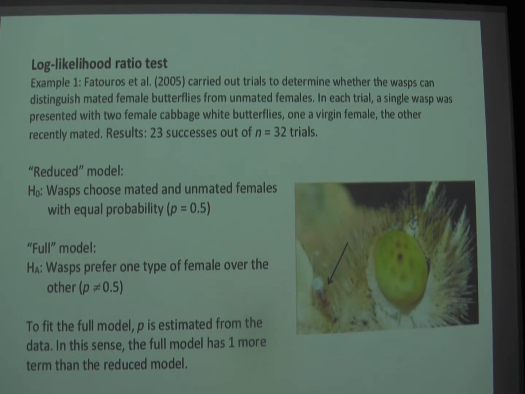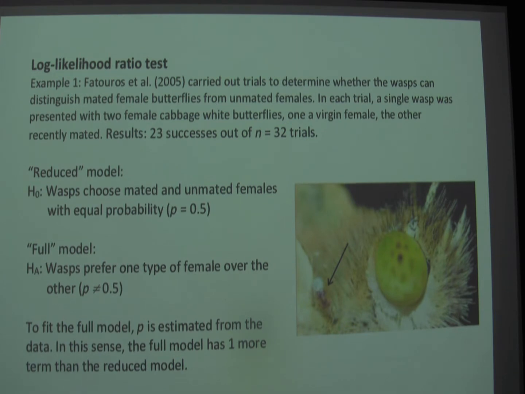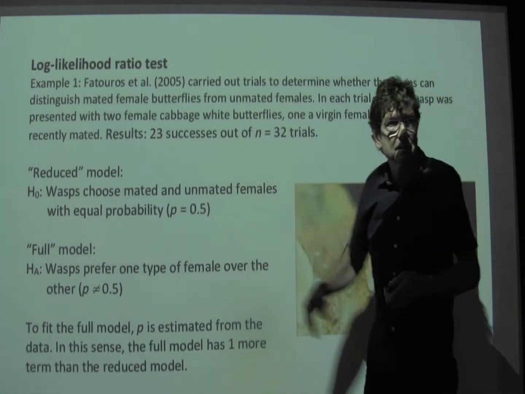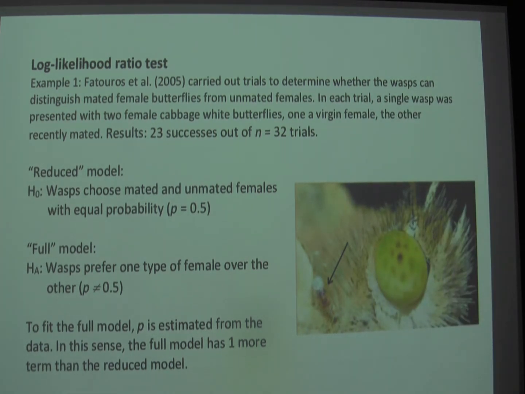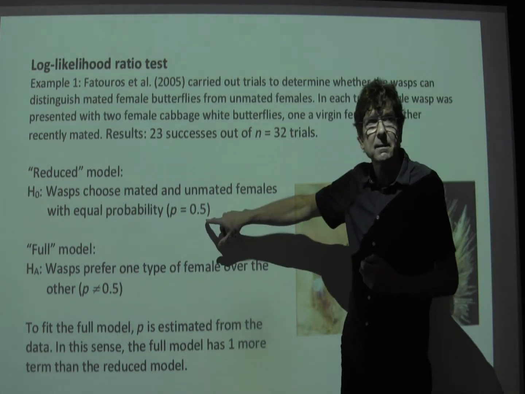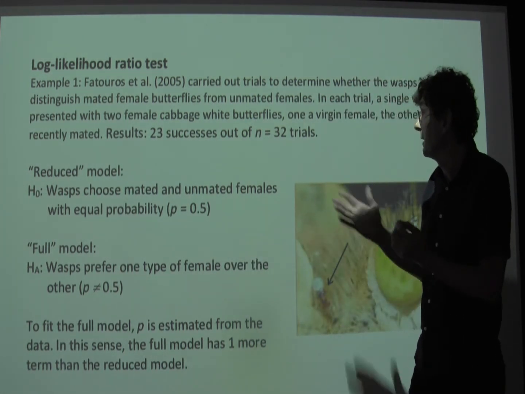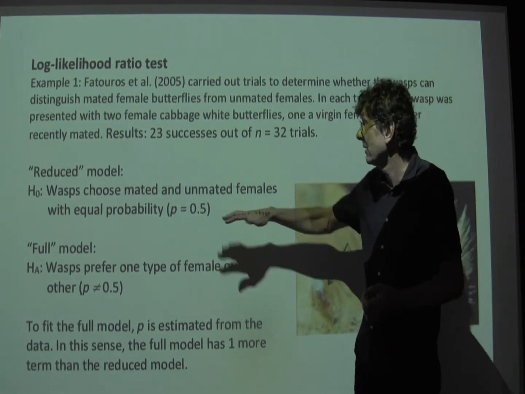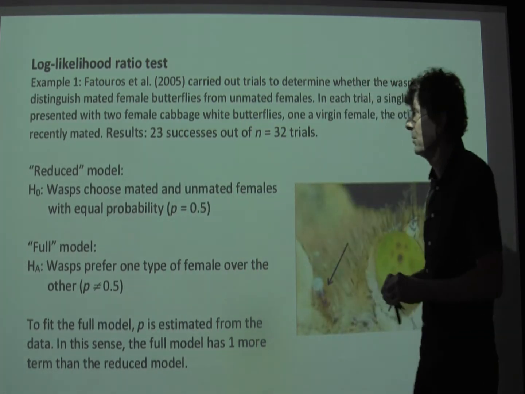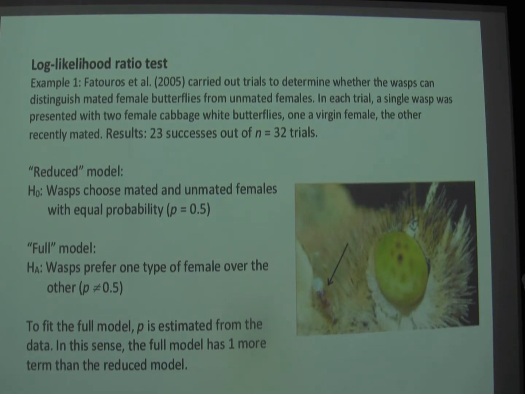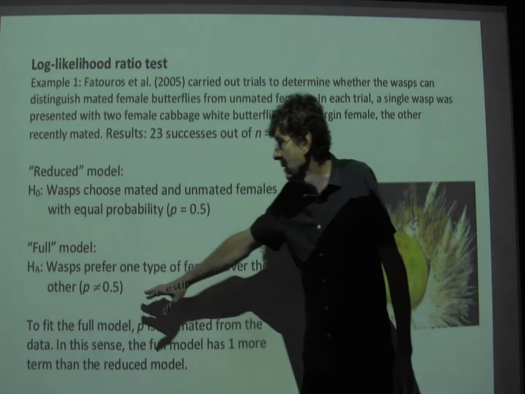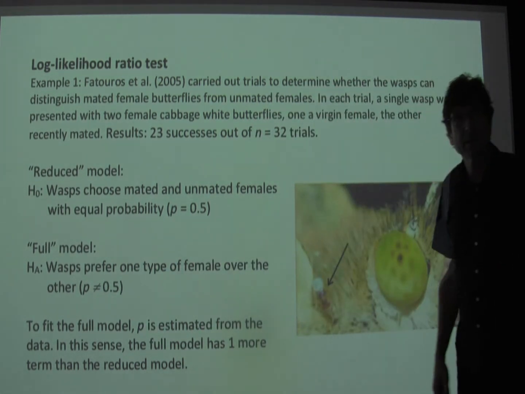In other words, is 23 successes out of 32 trials significantly different from a null hypothesis that the female wasps cannot distinguish between mated and unmated wasps? So the null hypothesis is that it's a coin toss, that half the females would choose one and half the females would choose the other. And 23 out of 32 is just an outcome of a series of coin tosses, against the alternative hypothesis that p is some other number besides 0.5.